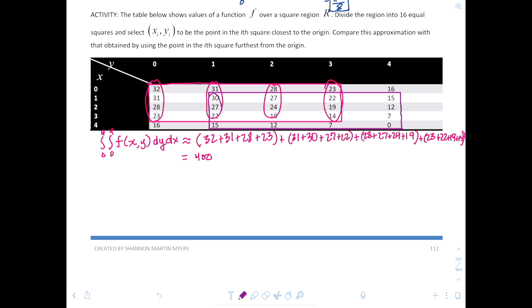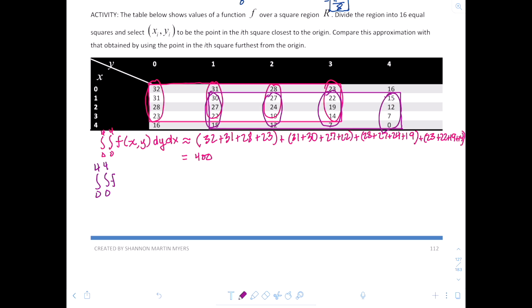Since I'm setting it up dy dx, I'll be looking at these. The integral from 0 to 4 is still 0 to 4 because you can pick any number within the ith interval.